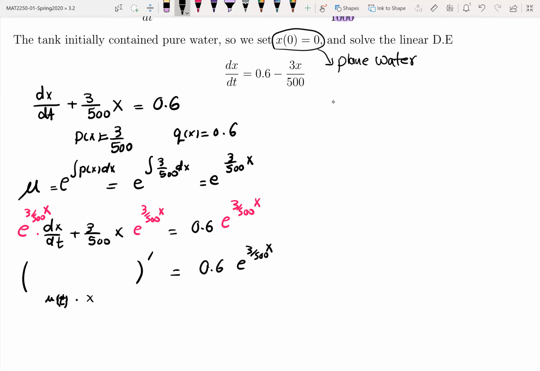Okay, so it seems I have a mistake. So let me fix all of these mistakes. x is a function of t. So p of t is a function of t, and this is a function of t, because your independent variable is t.